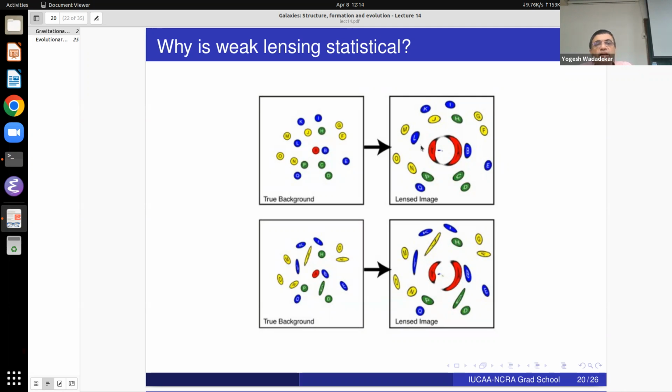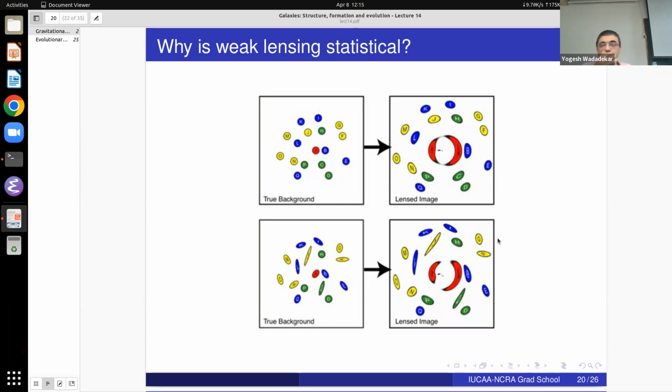But in practice, the job is much harder because not all galaxies are spherical. Some are elliptical, some are highly elliptical, and so on. So you start with a population of galaxies like this with different ellipticities, and then you lens it and get distorted images of each of these galaxies.